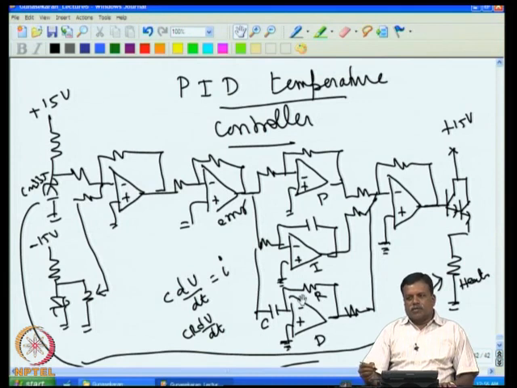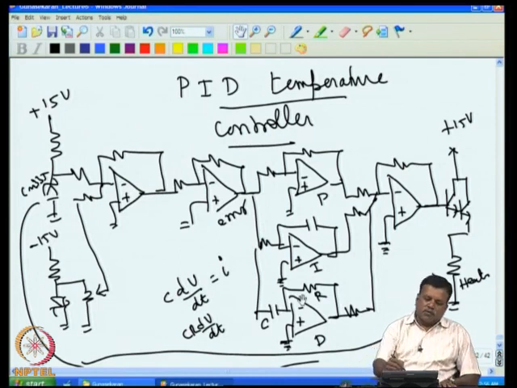Normally we try to make a sensor which is fast responding, because fast response is required; only then do we get a large ratio between the system time constant and the temperature sensor time constant. So normally the system time constant is larger and the sensor time constant is smaller. So we try to match the smallest time constant to the differentiator.